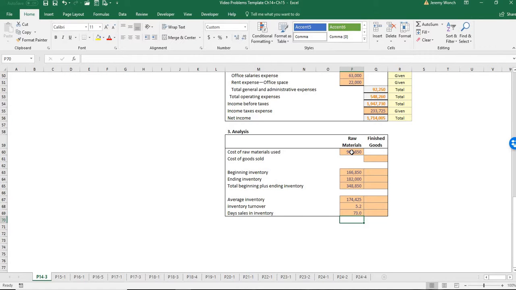So what that's saying is that our ending inventory balance is going to last us for 73 days.